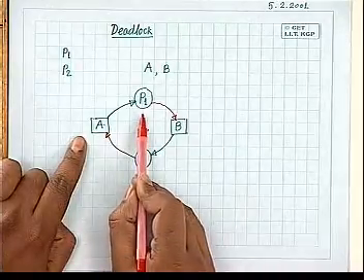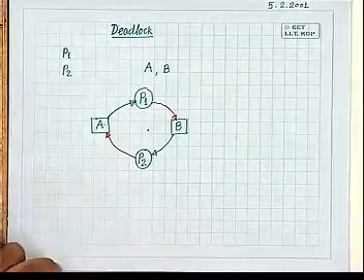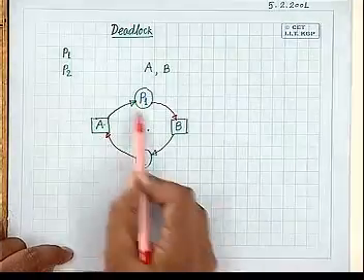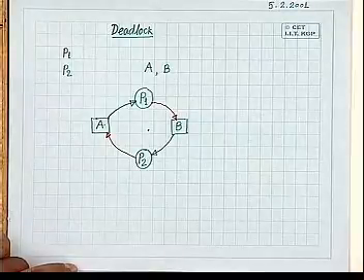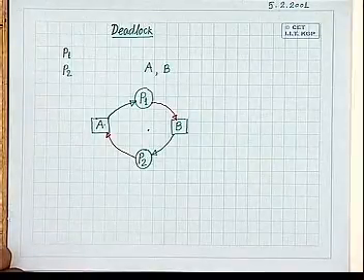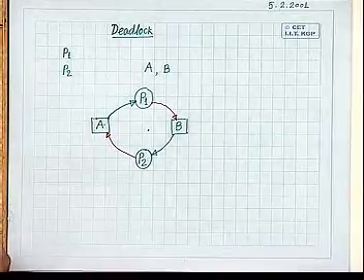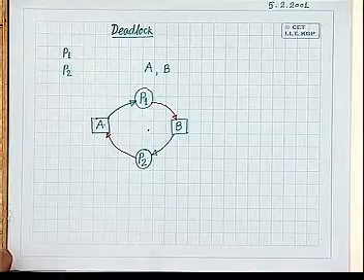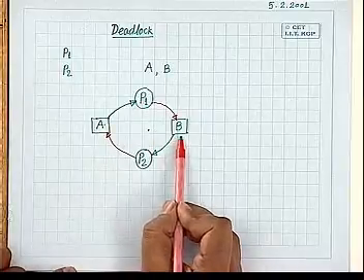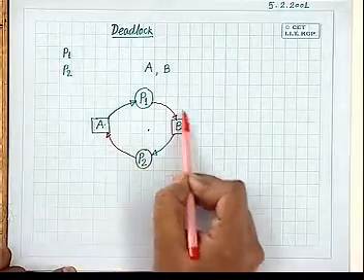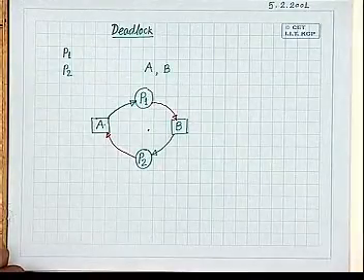P1 cannot complete until it gets B, and P2 cannot complete until it gets A. Both these processes have acquired some resource and are waiting for the other resource to be released by the other process, which in turn is waiting for the resource acquired by the first process. In this situation, A will not be released by P1, B will not be released by P2, and they will wait forever in such a cycle, and they will never be complete.